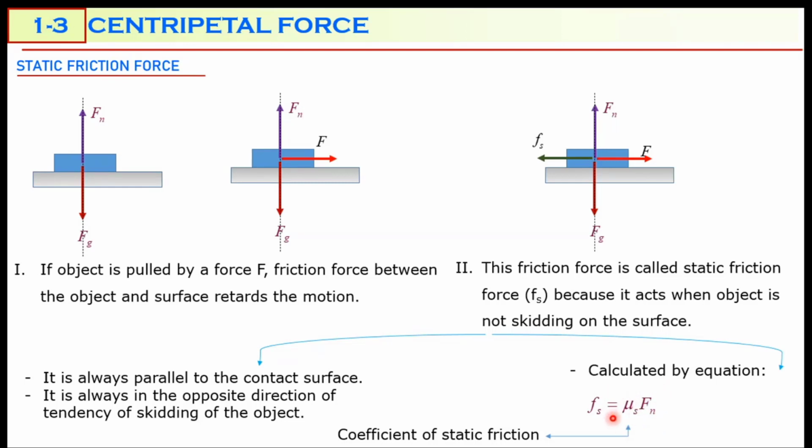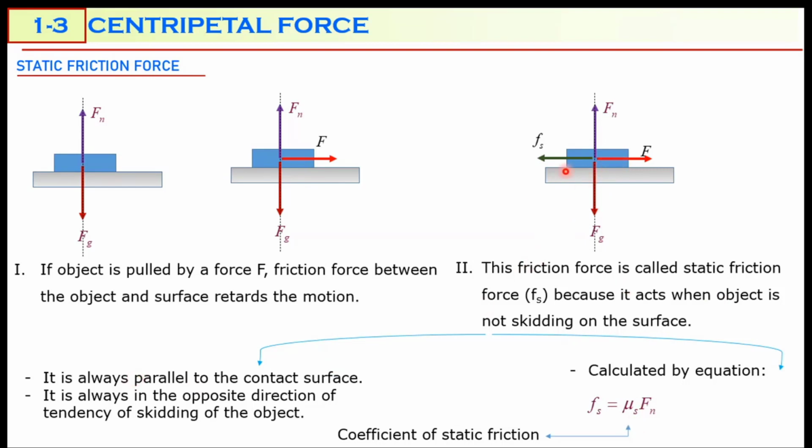This mu s is called the coefficient of static friction, and it's just a pure number like 1, 2, 1.5, 2.5, 0.5. This number changes depending on the type of the surface, I mean what kind of surface this object is and what kind of surface that is. So this coefficient mu s depends on the type of the surfaces which are in contact.